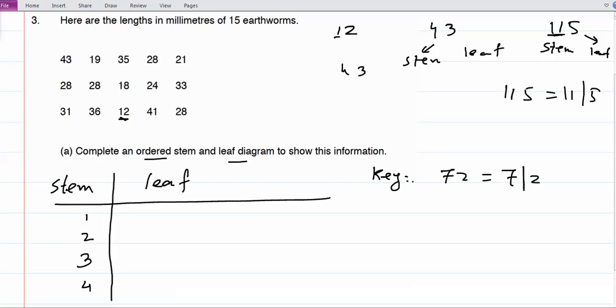We wrote the stem, then 12, 1 we wrote already, then 2. Any other number that starts with 1 after 12? Yes, it is 18. They should be in order. 18, 1 we wrote already, 8, then 19, 1, 9.